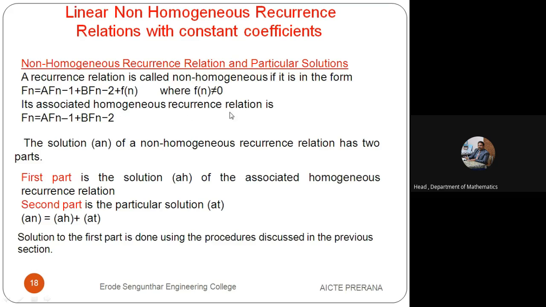Its associated homogeneous recurrence relation is f_n = a f_{n-1} + b f_{n-2}. The solution a_n of the non-homogeneous recurrence relation has two parts. The first part is the solution of the associated homogeneous recurrence relation. The second part is the particular solution. That is a_n = a_n^(h) + a_n^(p).